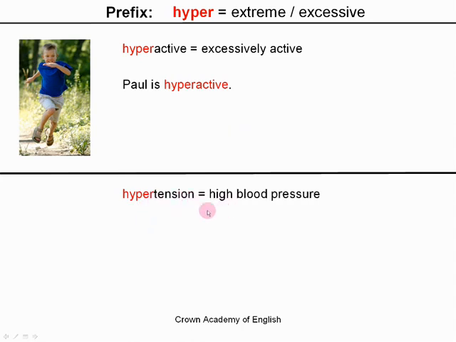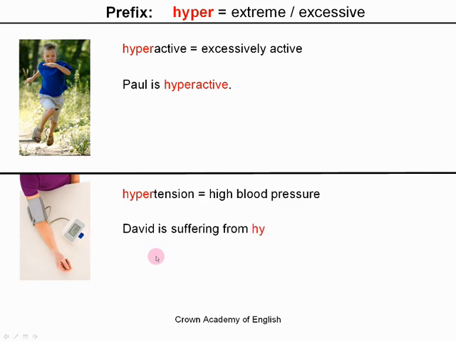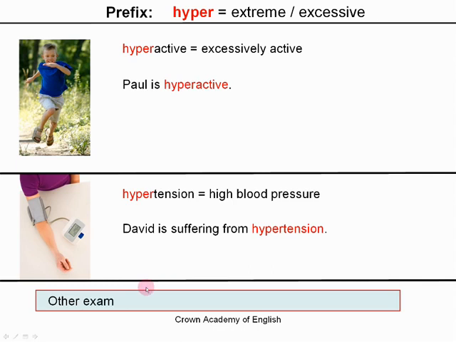Hypertension. This means high blood pressure, excessive blood pressure. David is suffering from hypertension. Other examples: hypermarket, hypersensitive, hyperventilate. Okay?